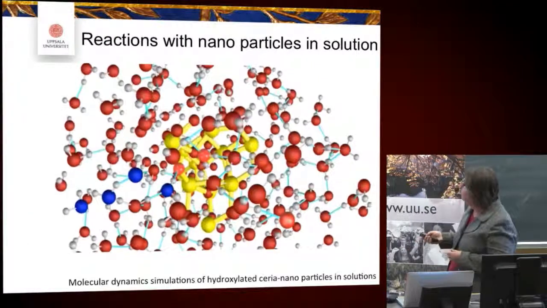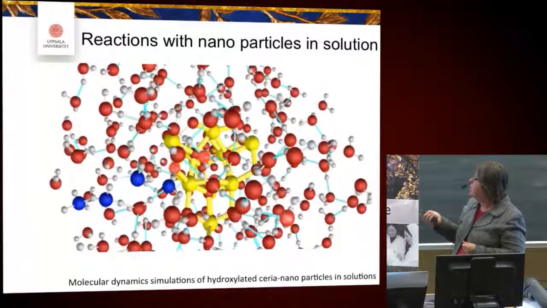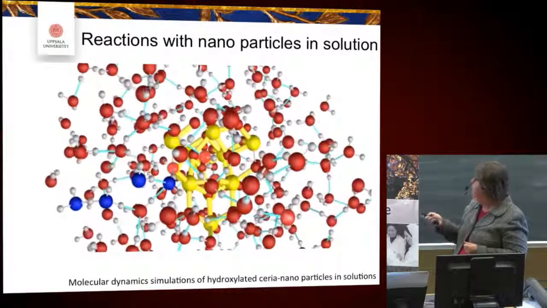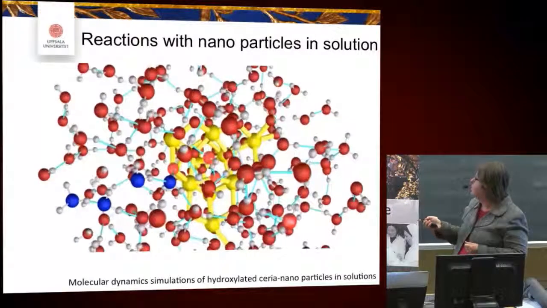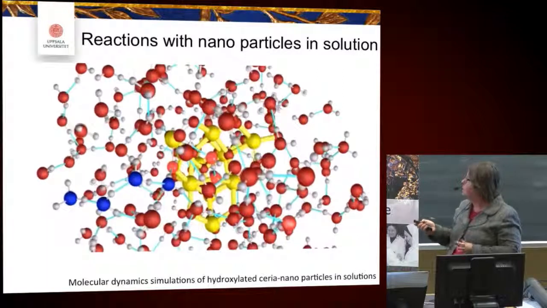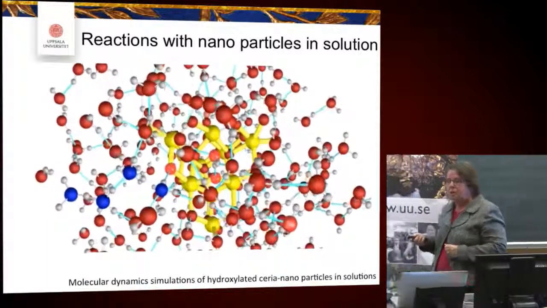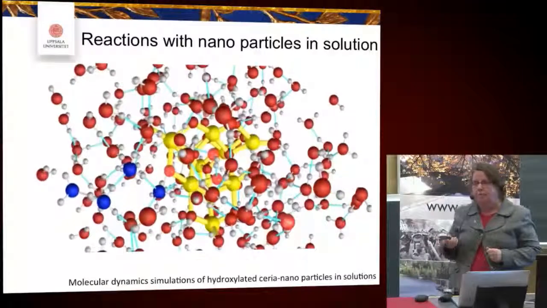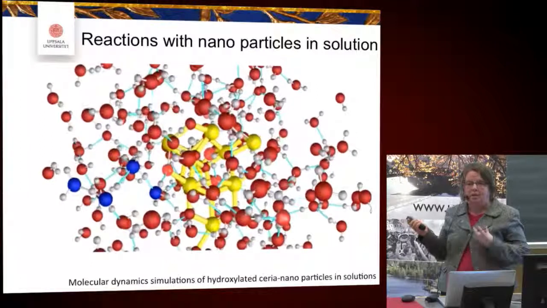And this is one molecular dynamic simulation of a nanoparticle in a solution. Here you can see the water molecules and their hydrogen bonds around this nanoparticle and how you have this dynamic process. So I'd like to end here by saying that dynamic processes are really interesting to study.